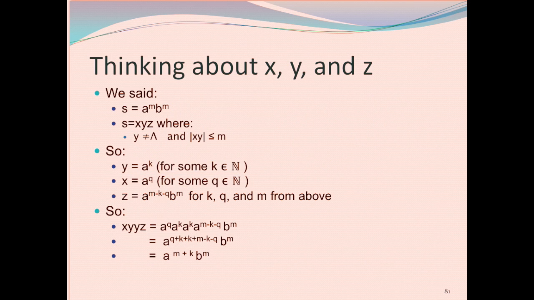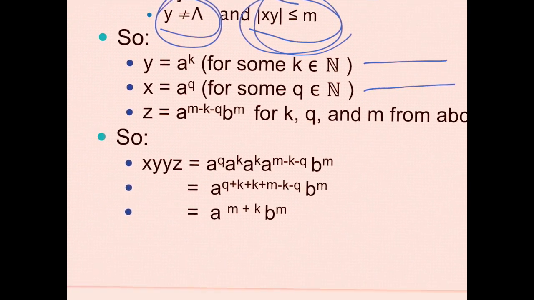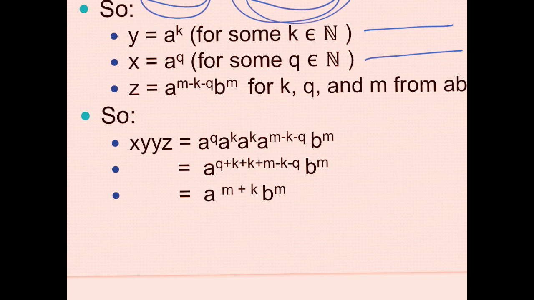Okay, so we know that's what y is, we know that's what x is, we know that's what z is. So what's x, y, y, z? Well, let's just make this piece bigger so I can show you. My y is a to the k, my x is a to the q. Here's what my z is.